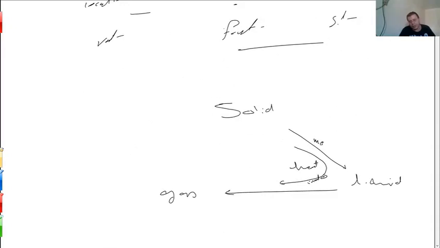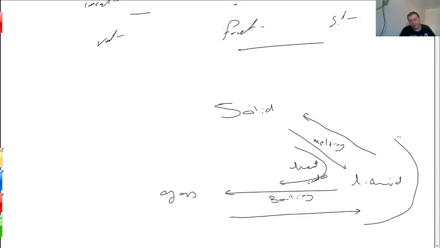The process known as melting, the process known as boiling. The opposite way, from gas to liquid, and from liquid to solid, requires cooling down, releasing heat. You will release the heat from the gas. And this one is counted as an exothermic process.